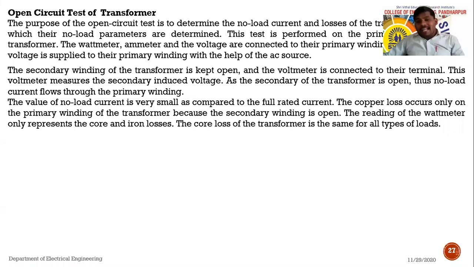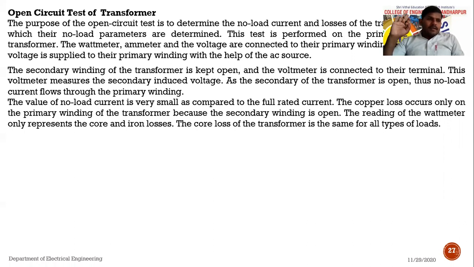As the secondary of the transformer is open, the no load current flows from the primary winding. This no load current produces some flux. This flux links with the secondary winding, so some EMF is induced in the secondary winding. But due to the open circuit terminal, there is no current flowing from the secondary.